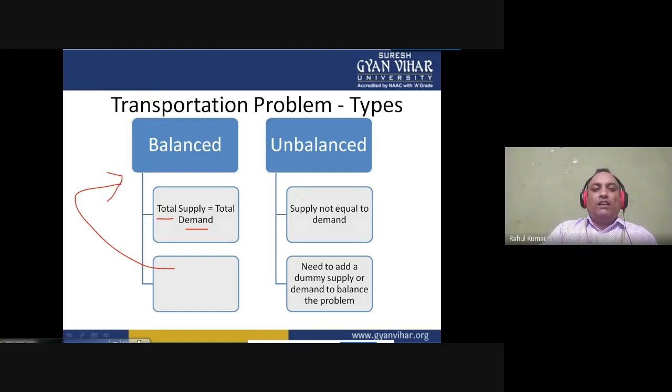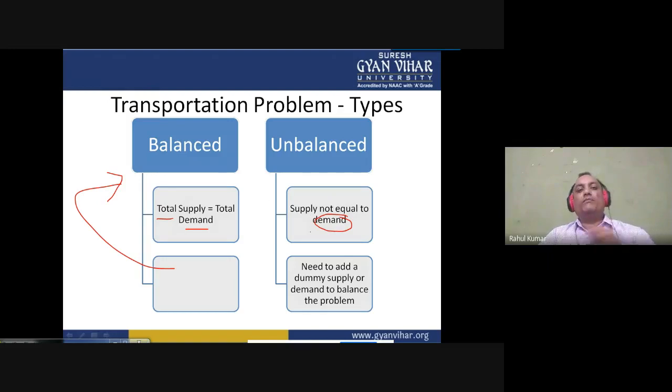If supply is not equal to demand, for example, in the corona pandemic time, demand was more for items such as masks, sanitizer, or corona vaccines. The demand is very high, but supply is less.